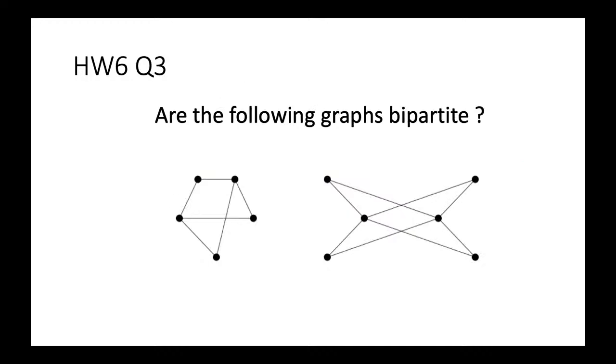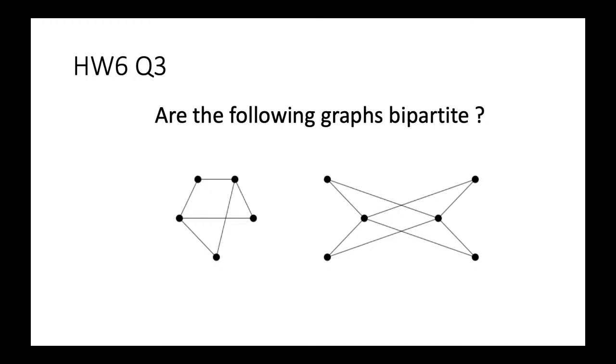Okay, the next one is we have 2 graphs below, and then we want to show whether they are bipartite or not. Now, if you want to show that they are bipartite, the easiest way is we give a particular coloring of the vertices into black and white, such that no edges are joining between vertices with the same color.